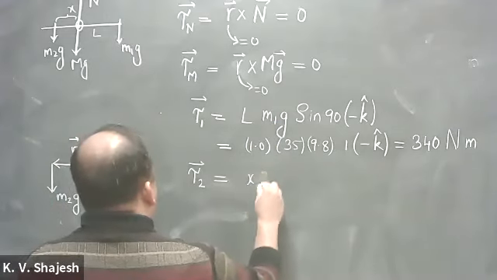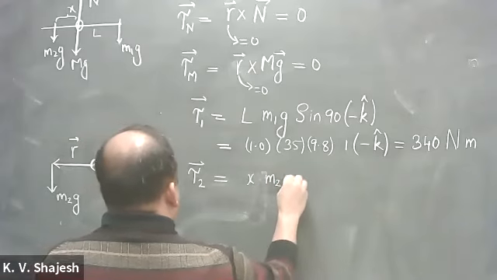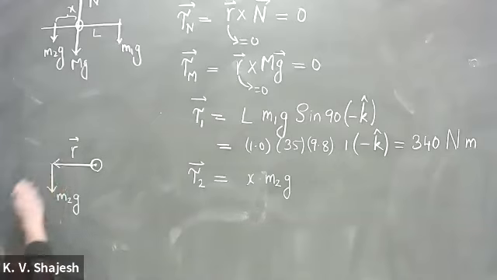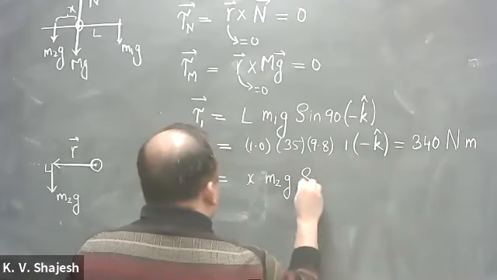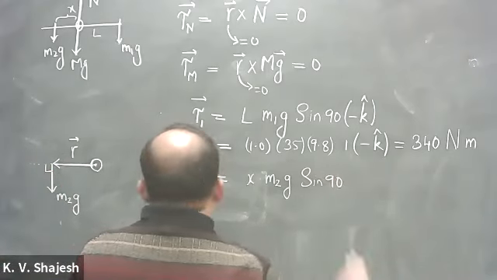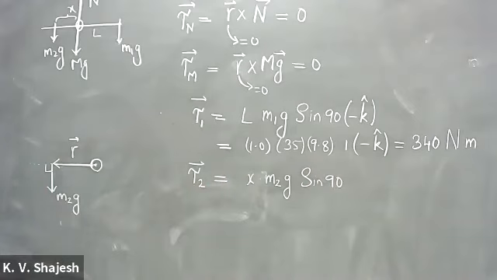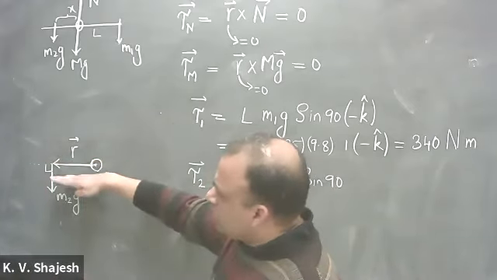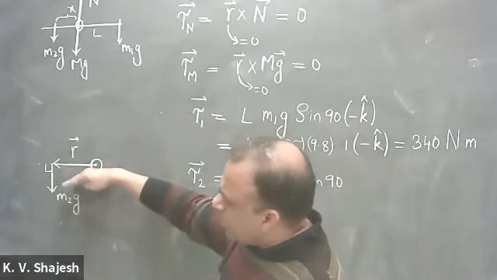So that's x, M2g, and then the sine of the angle between them, again that's 90 degrees, so it's sine of 90. For the direction, again use the right hand rule, pointing in the direction of R with the palm facing M2g.